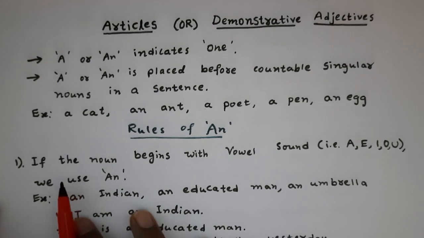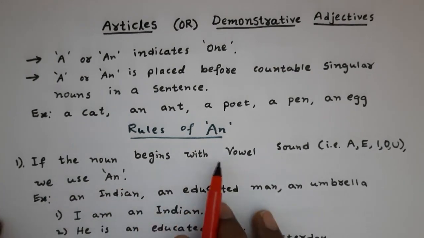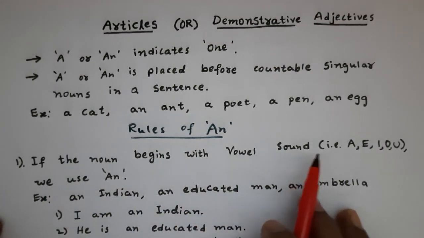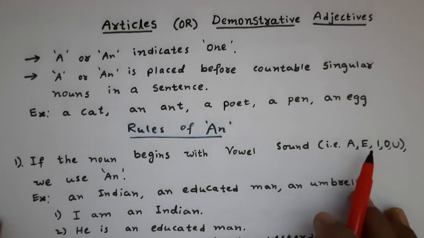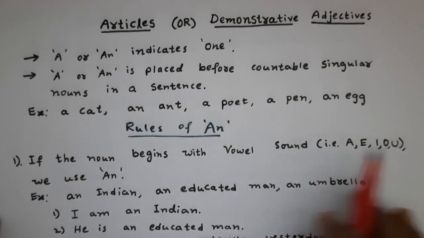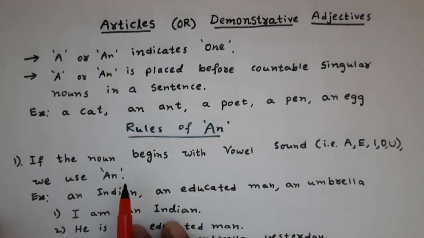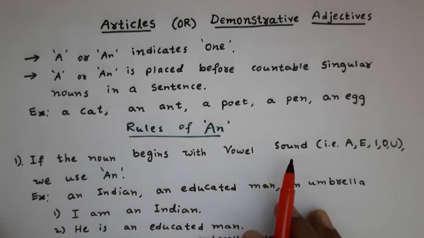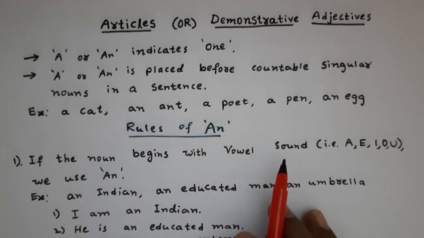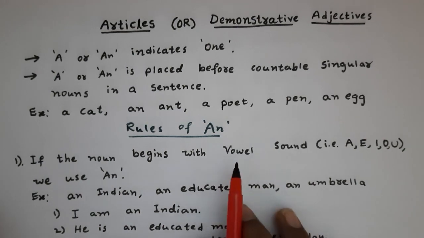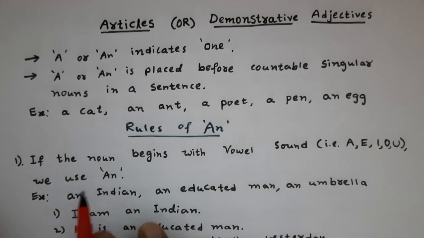First one: if the noun begins with a vowel sound, that is A, E, I, O, U, we use an. Actually, out of 26 letters, 21 are called consonants, and the remaining 5 are called vowels. Before a vowel sound, we use an.